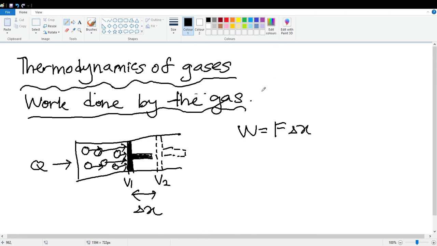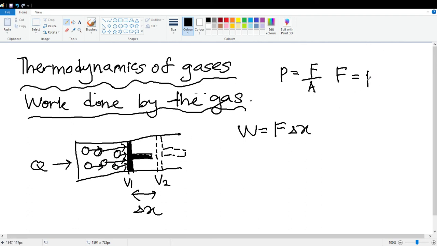So P is equal to F over A, where F is the rate of change in momentum between the gas molecules and the walls.